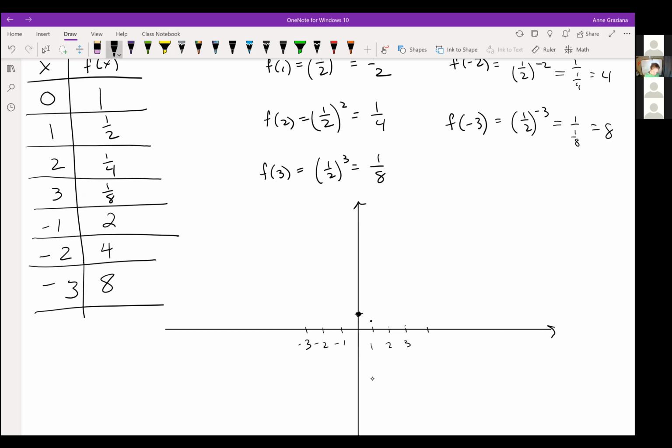And then -1 is 2, -2 is 4, and -3 is 8. All right, like that. So now the graph is still following the same pattern.